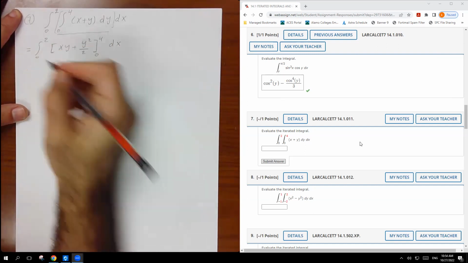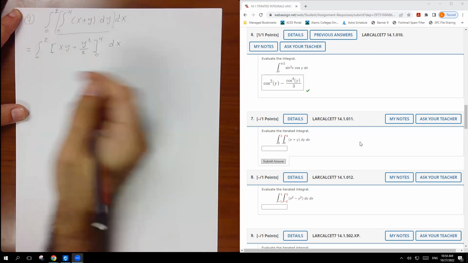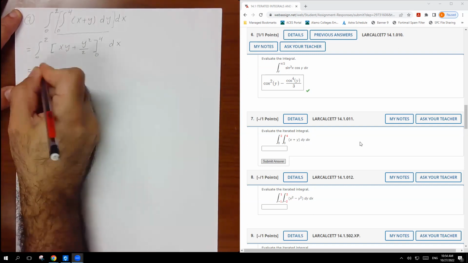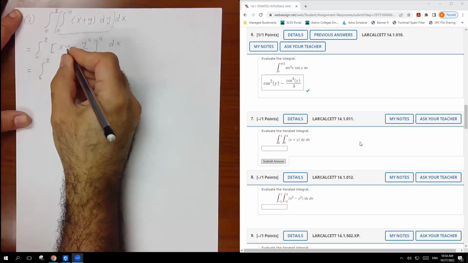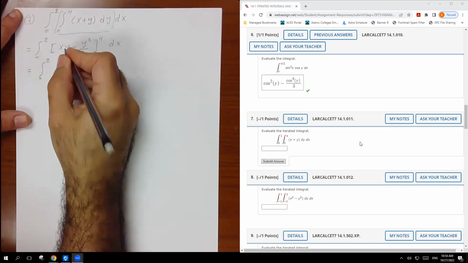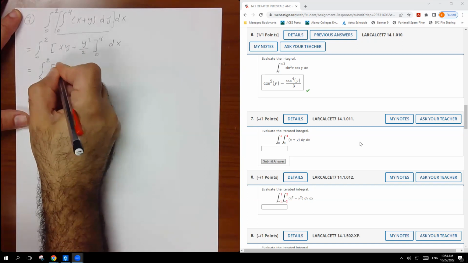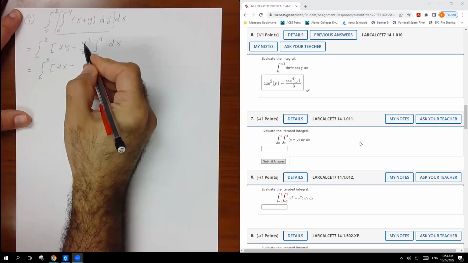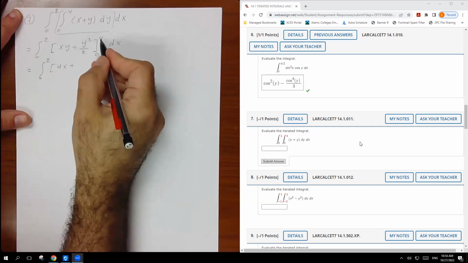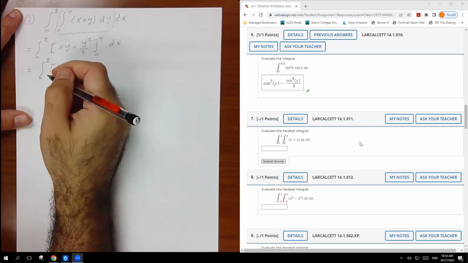I'm done from the first integral. Now I need to plug in these. So this one is going to be equal the integral from 0 to 2. Plug in the 4 here in the y. So it's going to be 4x plus, plug in the 4 here. We need to put 2 parentheses.